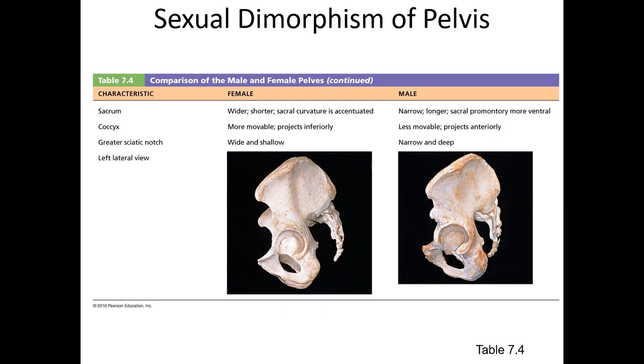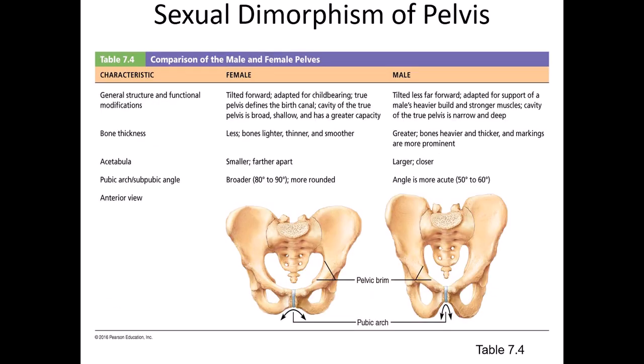So we do have sexual dimorphism of the pelvis in humans. Remember, sexual dimorphism: di, two, morph, form, two forms that we find between the male and the female. And you can see some of the characteristics that describe the female state versus the male state.